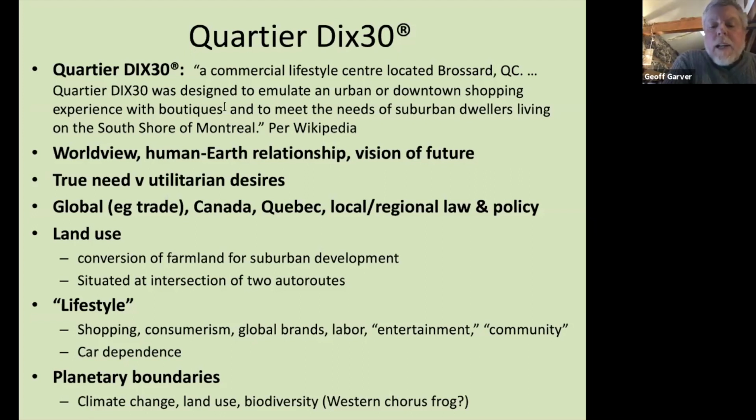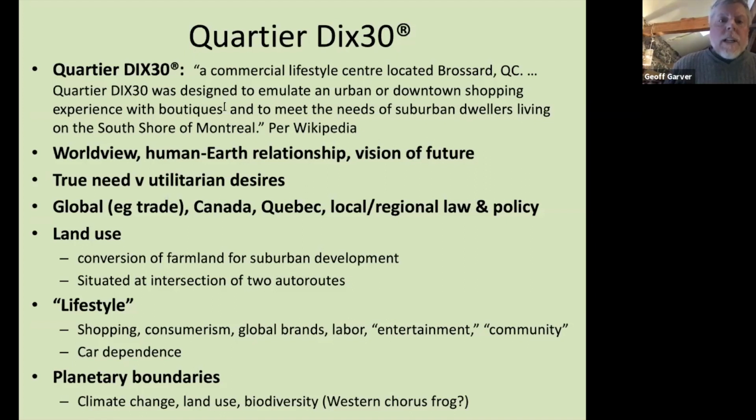Biodiversity. Now, I don't know if this is an area that had the western chorus frog, which is an endangered species around the Montreal area that's often threatened by suburban development, but it wouldn't surprise me. But you know, this is just a very quick look at some of the issues that I thought jumped out from this example.